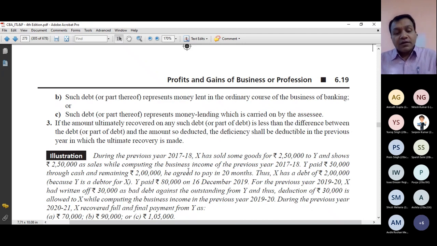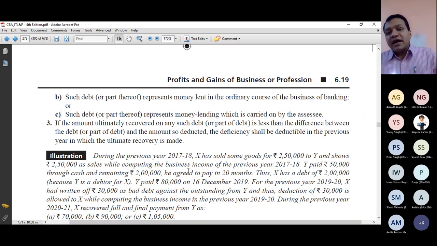Of course, Y also paid 80,000 on 16th December 19. In 19-20, last year, he paid 80,000 also. For the previous year 19-20, X had written off 30,000 as bad debt against the outstanding from Y, and thus deduction of 30,000 is allowed to X while computing the business income in the previous year 19-20.